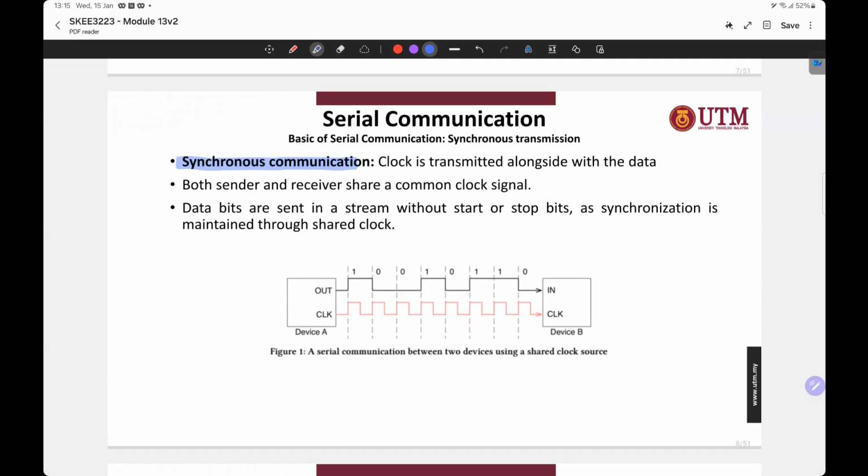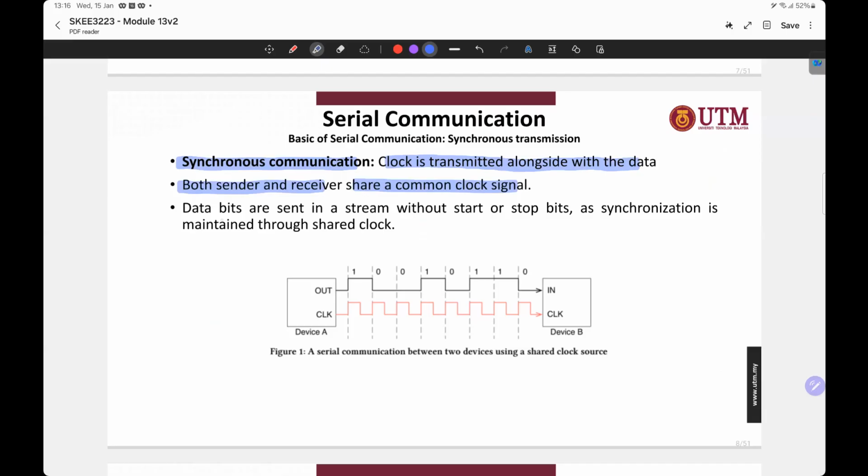For synchronous communication, the clock is transmitted along with the data. That means apart from sending the data over the line, you also need to send the clock signal as well. Both sender and receiver share a common clock signal, so this is how the data can be synchronously transmitted and received.